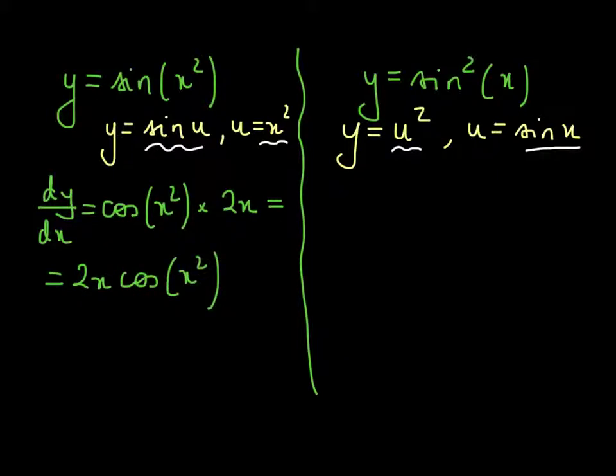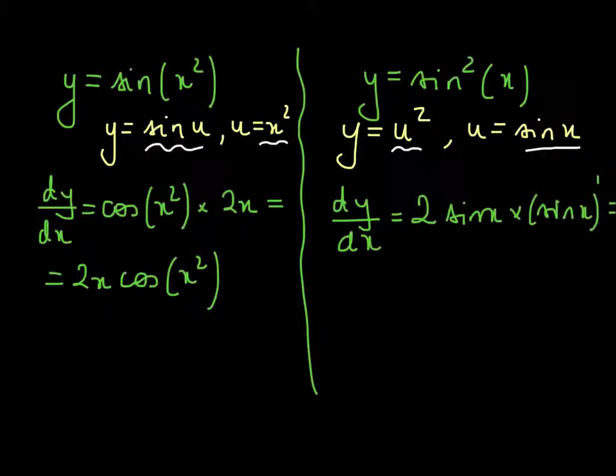How about the second case? The derivative of u squared, so dy by dx, the derivative of u squared is 2u times the derivative of u. So 2 sine x cos x.